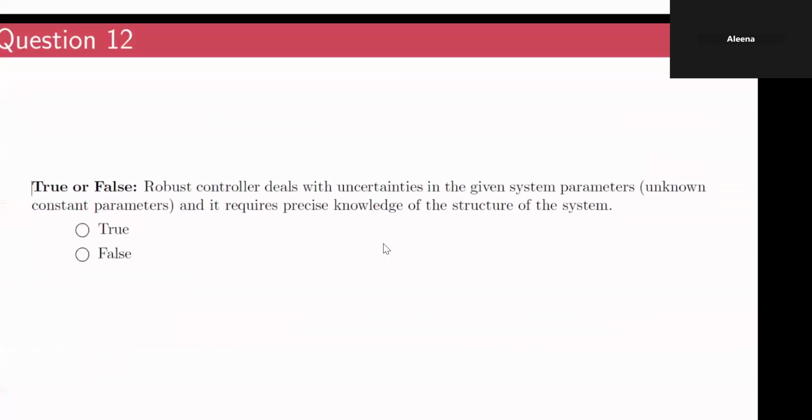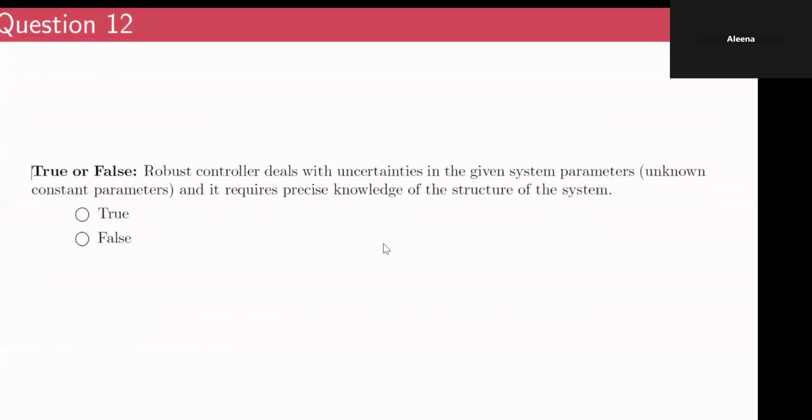Going to the last question of this session: a robust controller deals with uncertainties in the given system parameters, and it requires precise knowledge of the structure of the system. We have earlier seen the definitions of robust and adaptive controllers.